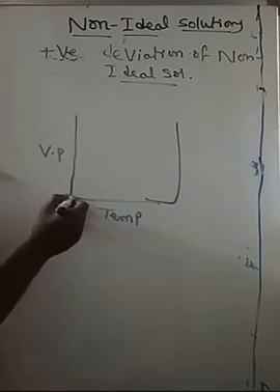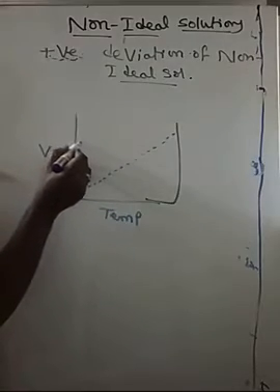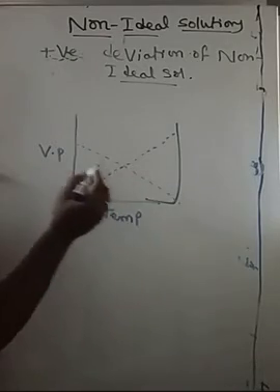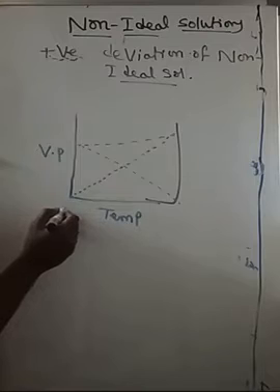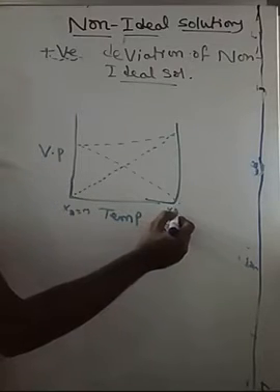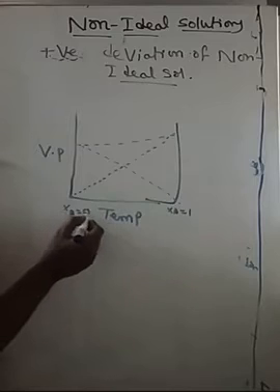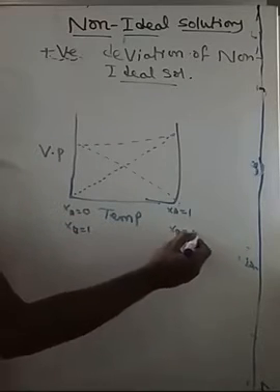The dotted lines indicate the ideal solution curves. Here xA is taken as 0, then xA becomes 1, whereas xB is equal to 1, then xB is taken as 0.